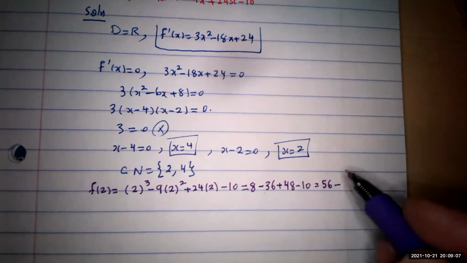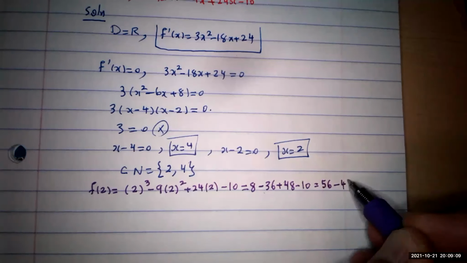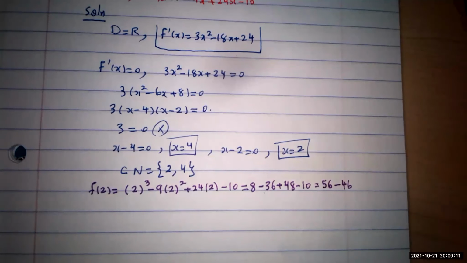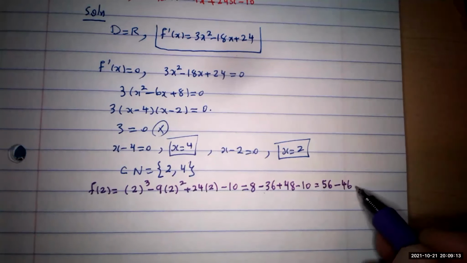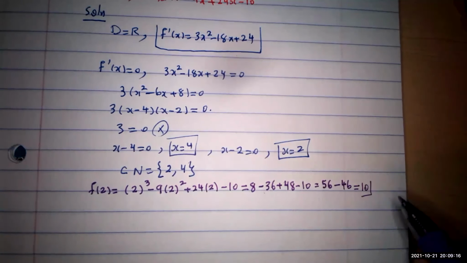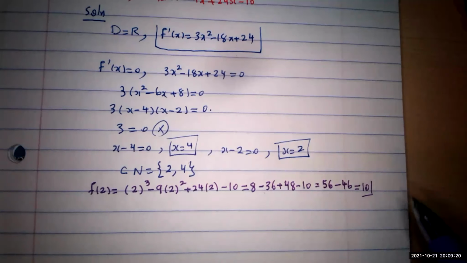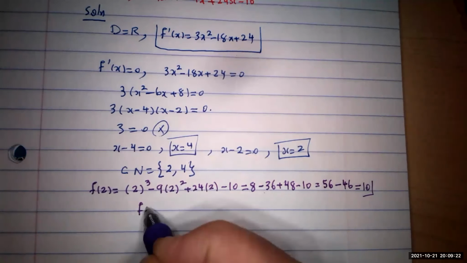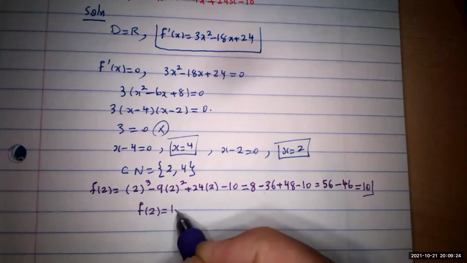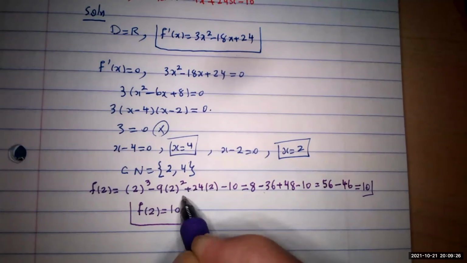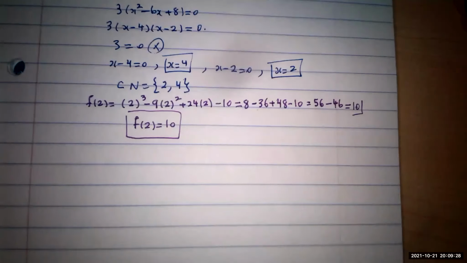And this is going to be 46. So the difference is going to be equal to 10. So f of 2 equal to 10. This is one candidate for a maximum or a minimum. Any question?